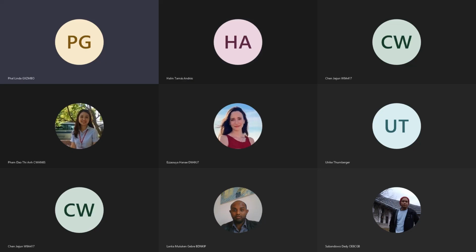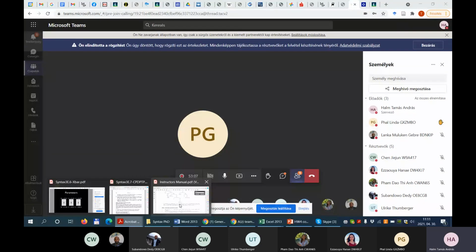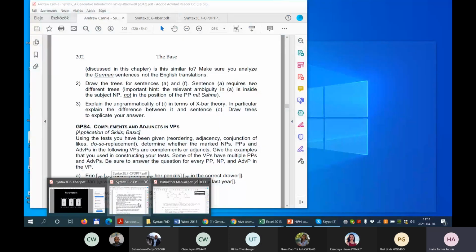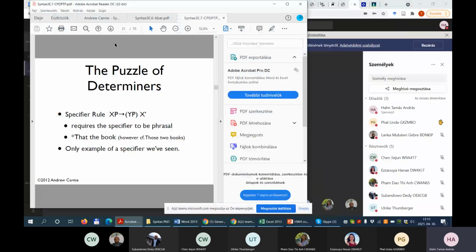I can tell this one without drawing the tree. Okay, then go ahead, please. Yes. Can you show that sentence again, Professor? Yes. I'm doing it right now. Yes. No. Yes. Here we go.